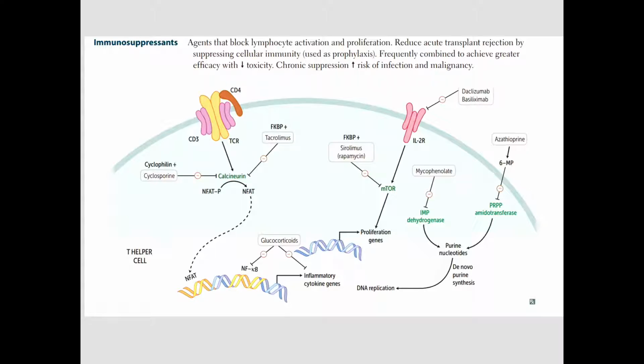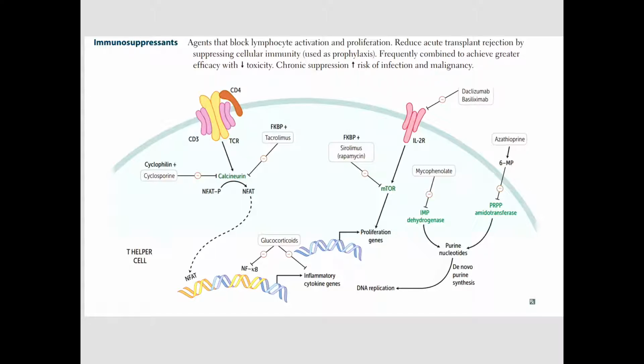These include sirolimus, which targets the mTOR pathway, the target of rapamycin, and we can also directly inhibit the interleukin-2 receptor. So even if interleukin-2 is produced, its receptors will be blocked by the medications, and this decreases T cells.